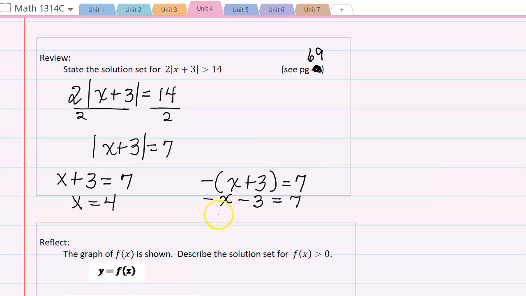Solving for x, we add 3 to both sides and get negative x is equal to 10. Dividing by negative 1, we find that x is equal to negative 10. So the solution to the absolute value equation is the solution set of 4 and negative 10. Now let's see what is happening graphically.